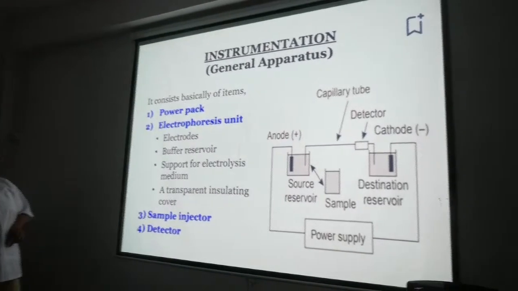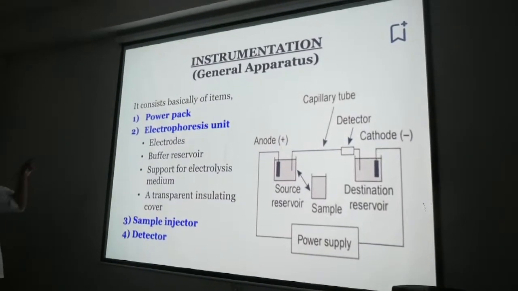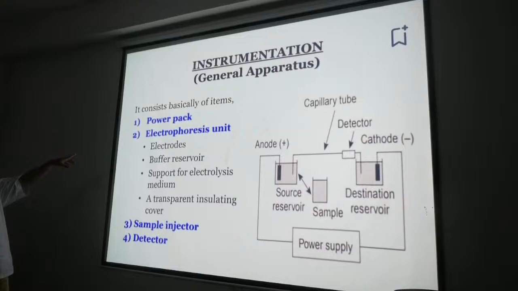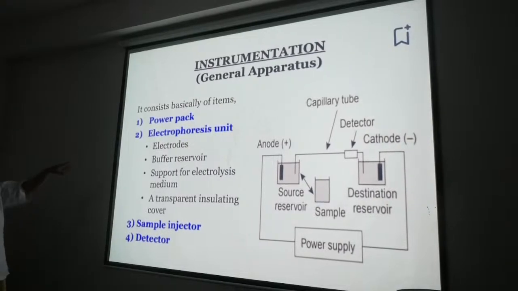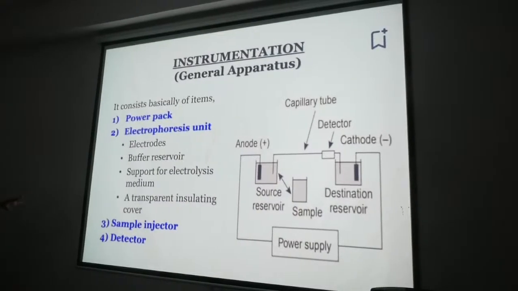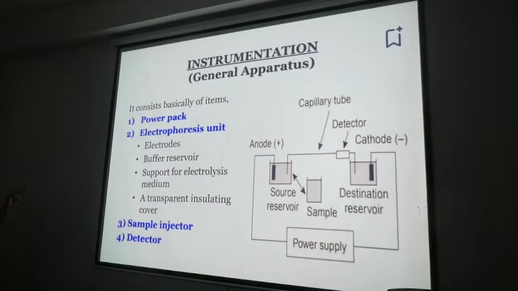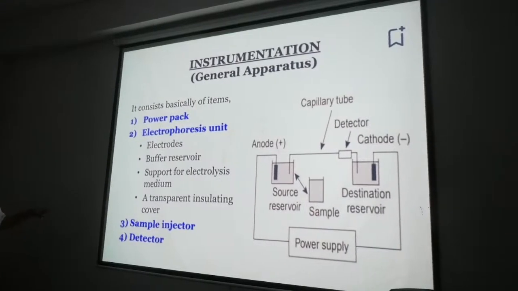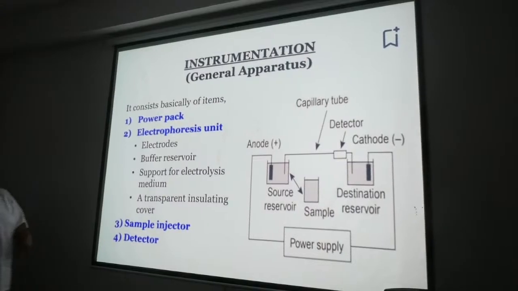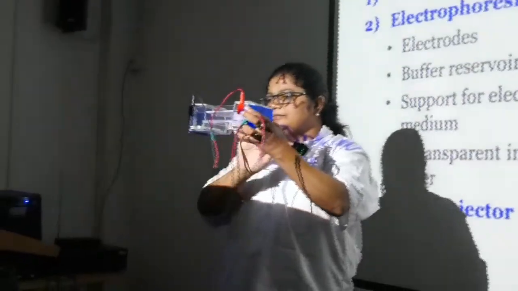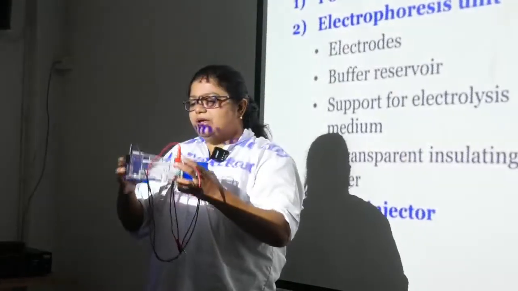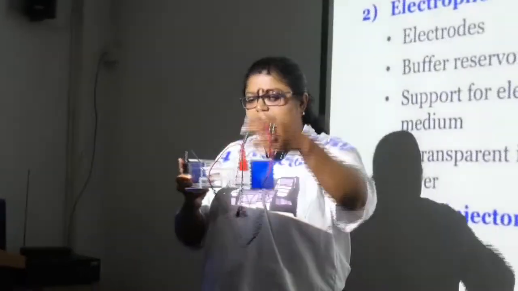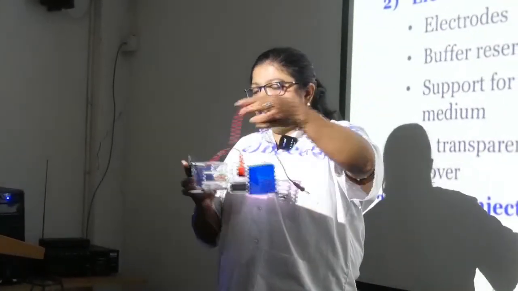General apparatus basically consists of the power pack, electrophoresis unit which contains the electrodes, buffer reservoir, support for electrophoresis medium, a transparent insulating cover, and sample injector and detector. This is the electrophoretic chamber, and here both are the electrodes.